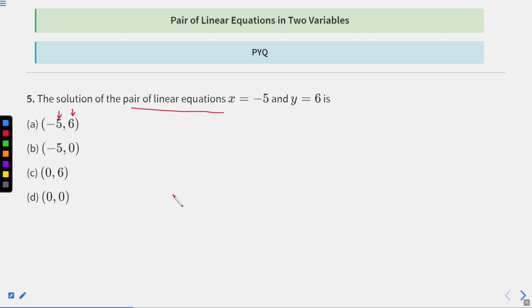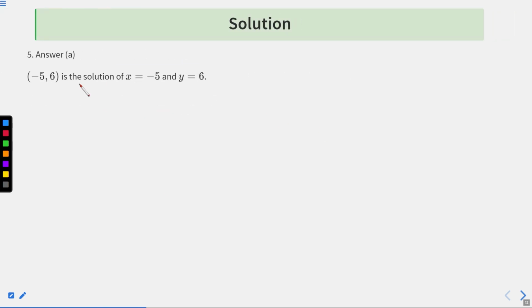So basically we can find the solution of the pair of linear equations graphically. If we draw the graph of this pair of linear equations, suppose you have this coordinate system. This is the y axis and this is the x axis.